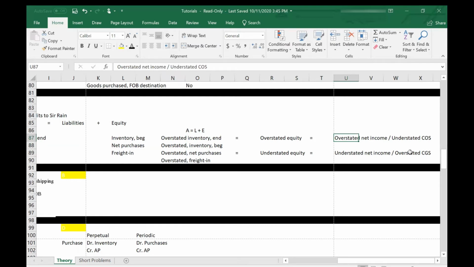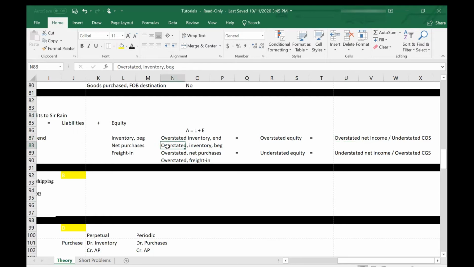How about if you understate your ending inventory? If you understate your ending inventory, for the equation to be balanced, it means that you are also understating your equity. If you understate your equity, it means that you overstate your CGS or you understate your net income.